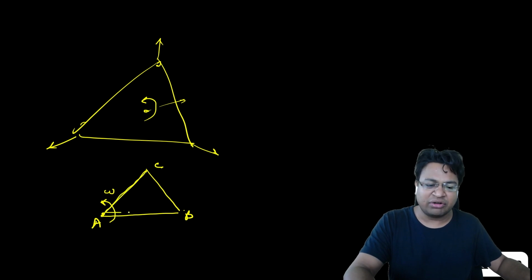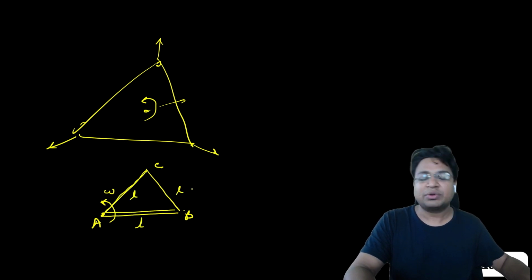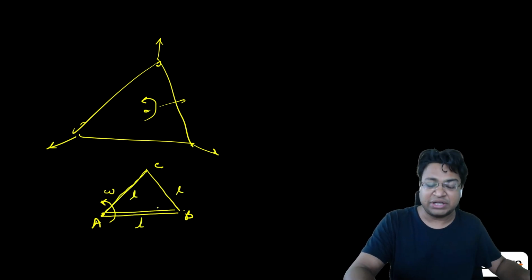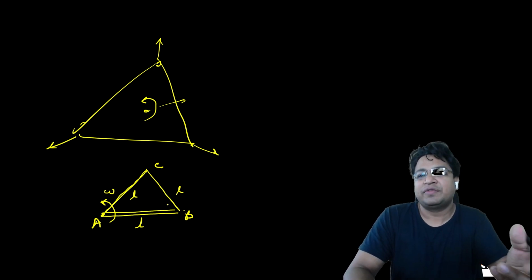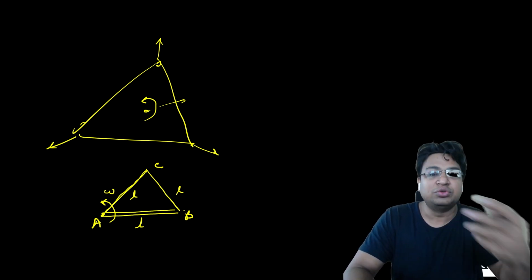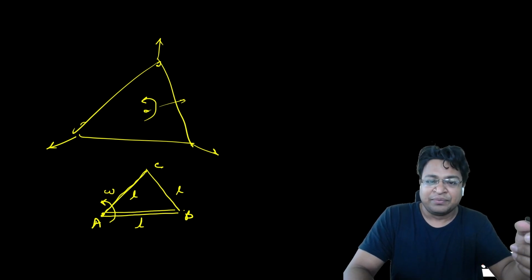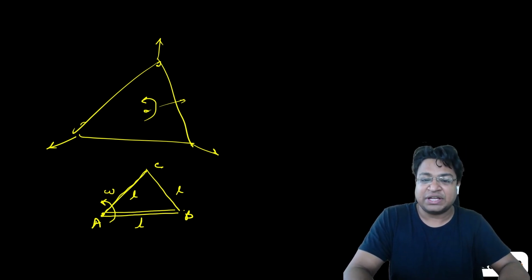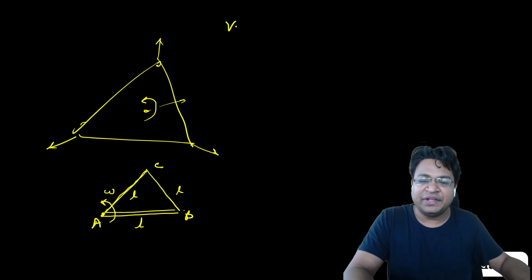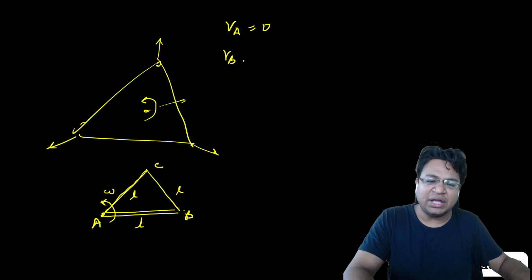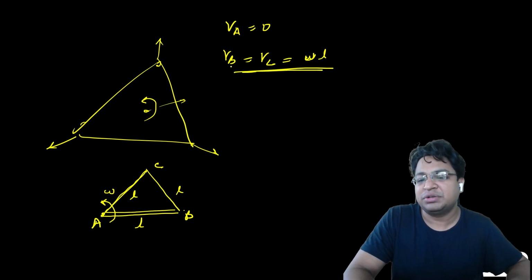So we are using 3 rigid rods of length L. You can see that the situation that I'm taking here is a subset of the situation that we are allowed to take, whatever liberty has been given to us regarding the motion of the ant. Again, I can take this as one of the cases. So in this case, VA is 0, VB is same as VC, which will be equal to omega into L. You can see this.